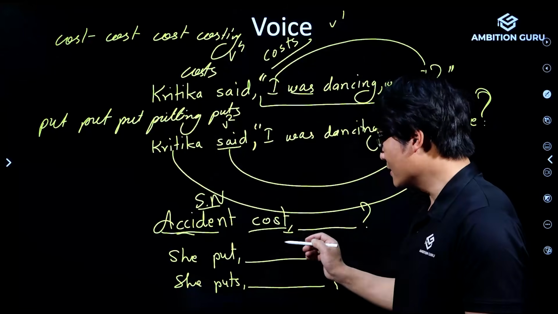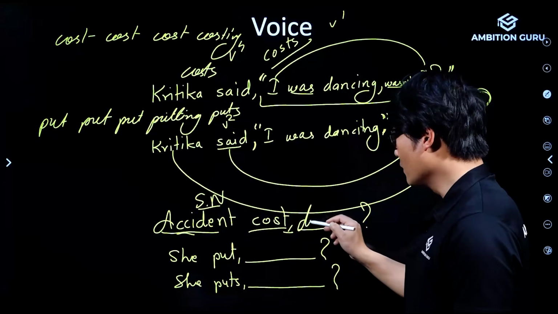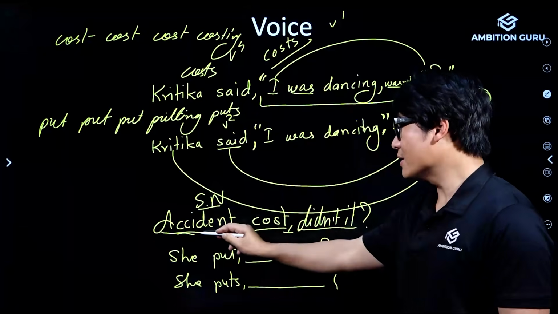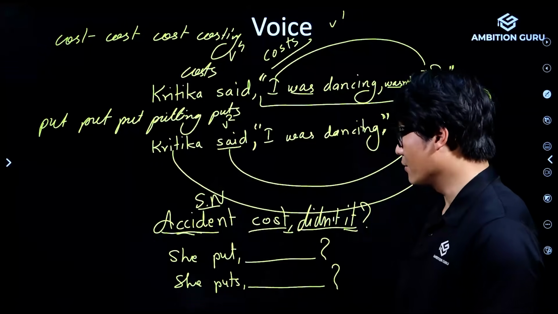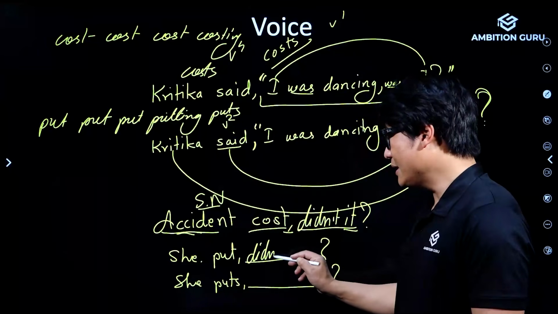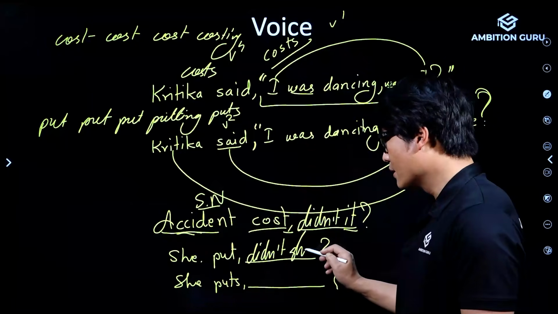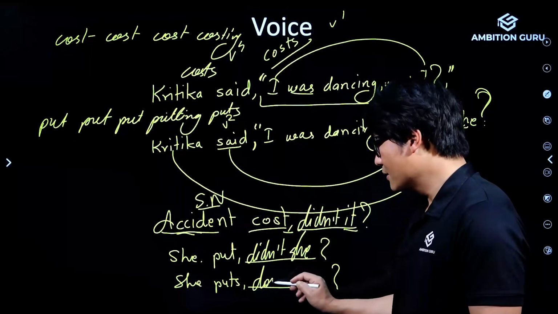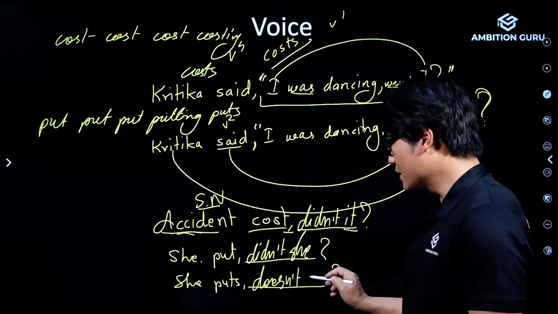So the answer is: accident cost. So the answer is "didn't it," because accident will be changed into the pronoun "it." Say put, so the answer is "didn't." Say puts, so the answer is "doesn't."